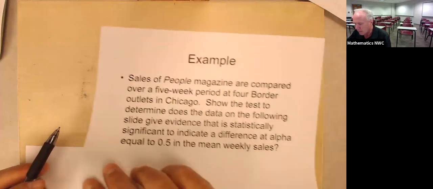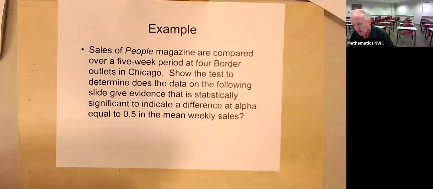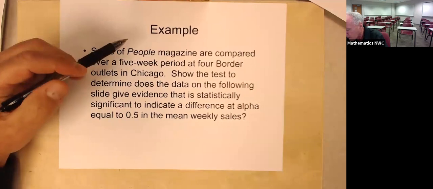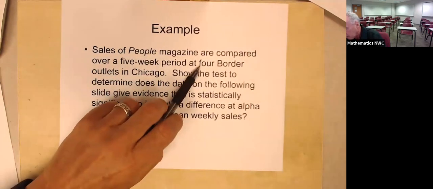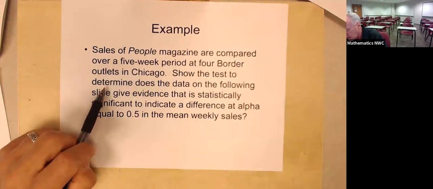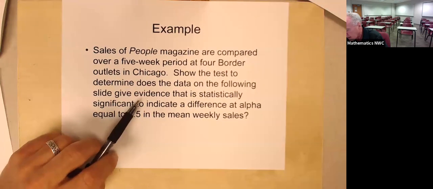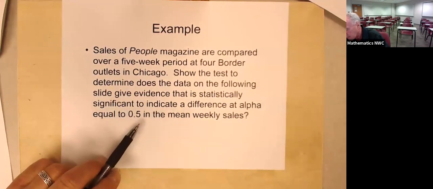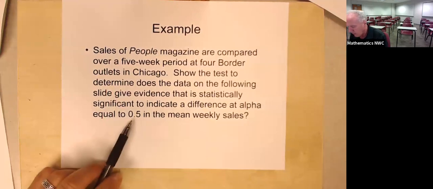Yet another example. Sales of People's Magazine are compared over a 5-week period at 4 outlets. Show the test to determine, does the data on the following slide give evidence that is statistically significant to indicate a difference in the mean weekly sales, alpha at 5%.